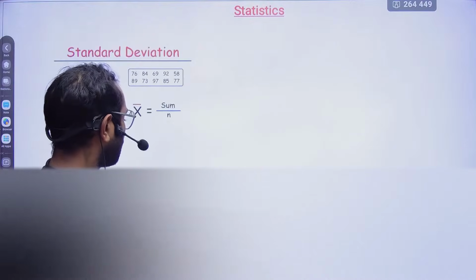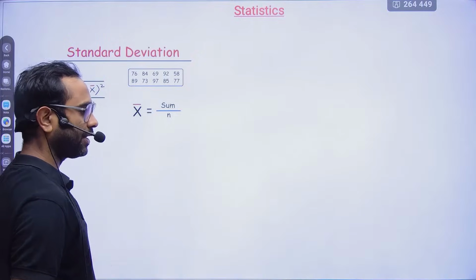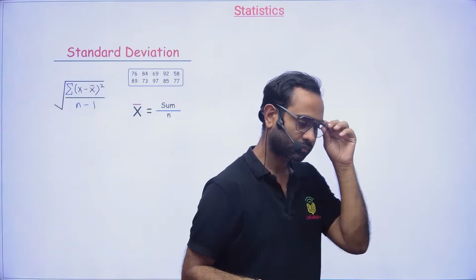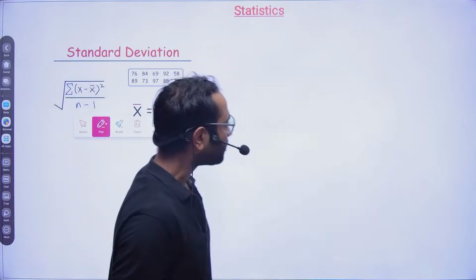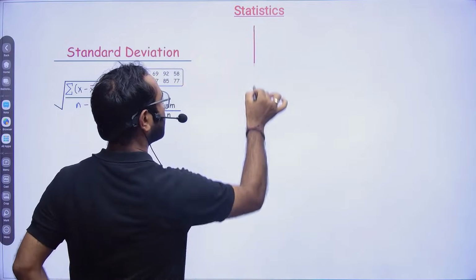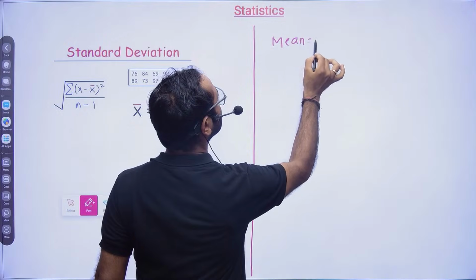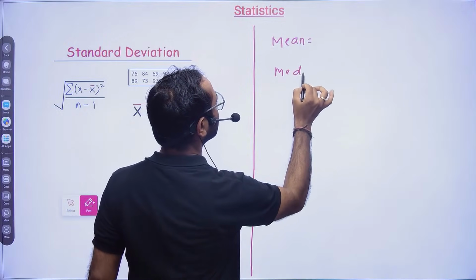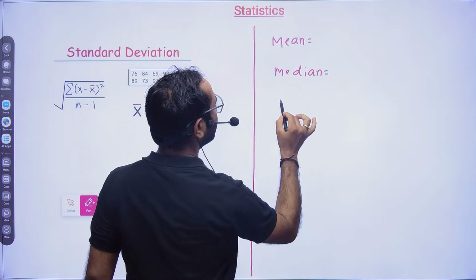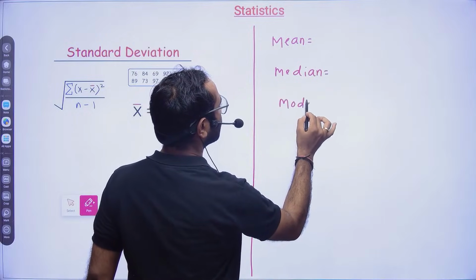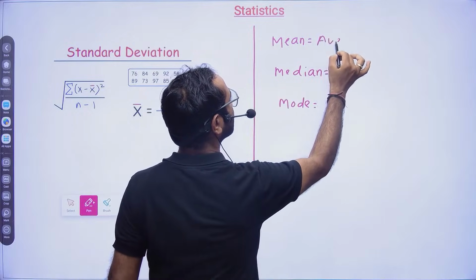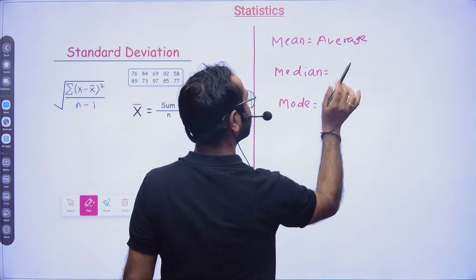Once again, I will tell you here. We have mean, median and mode. Mean is nothing but average.